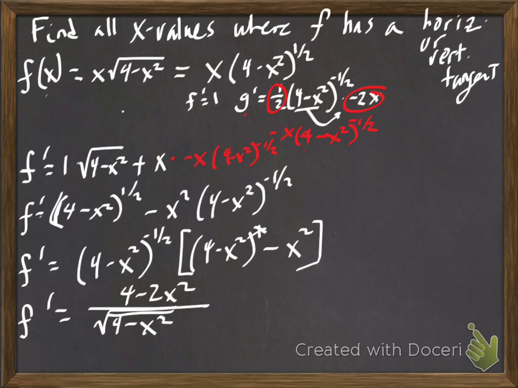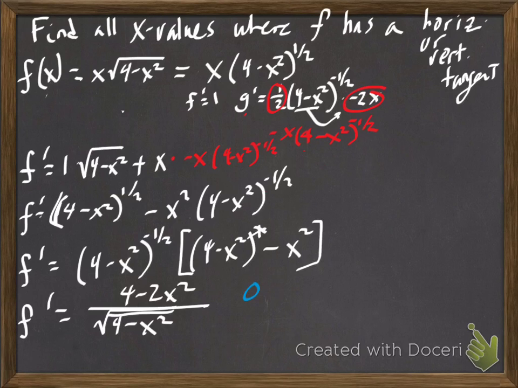So we're now ready to answer the question, where does it have a horizontal tangent and where does it have a vertical tangent? You'll notice that this derivative, in contrast to the previous example, is a fraction. A horizontal tangent, we kind of saw in the last example, so it's not too bad. It's when the slope is equal to 0, so when this thing is equal to 0. Now it's important to realize that the top and the bottom could each be 0.